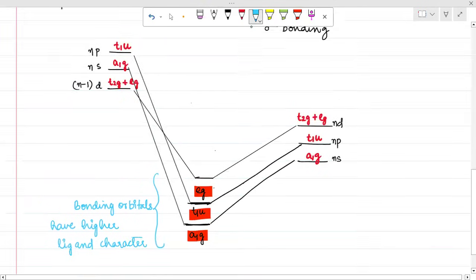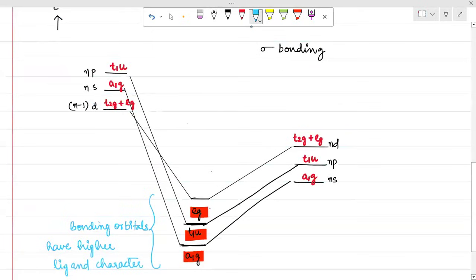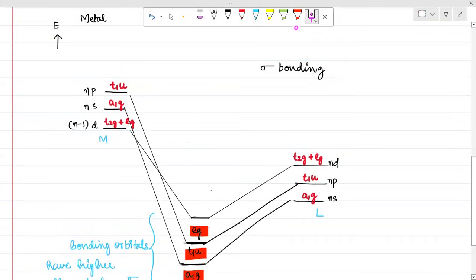Okay, now it's the time for antibonding. Antibonding means whose energies will be higher than the corresponding two. Corresponding two means corresponding metal and the ligand. So if you have any orbital whose energy is higher, their characteristics will be more closer to the metal than the ligand. Correct? If I have any orbital over here, its position is nearer to the metal than the ligand.